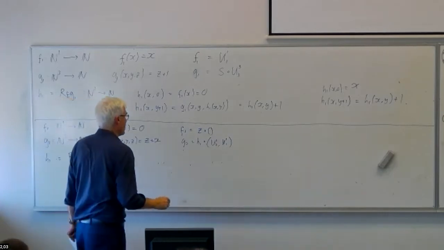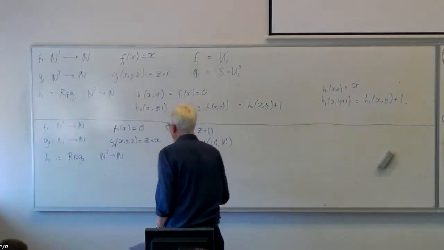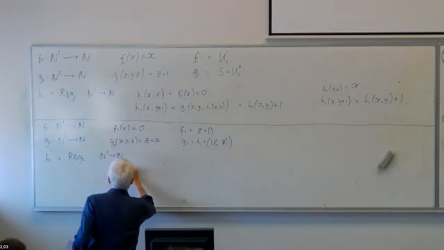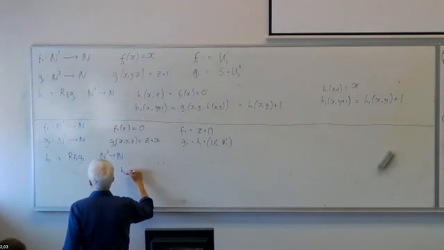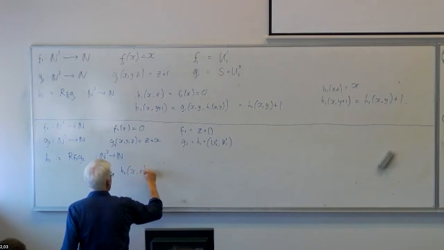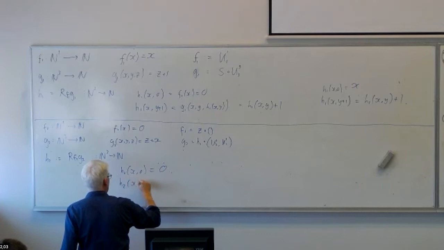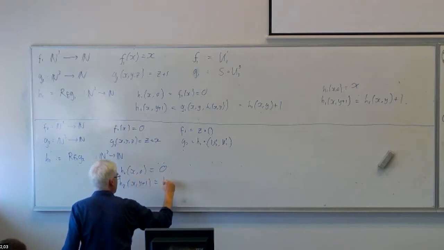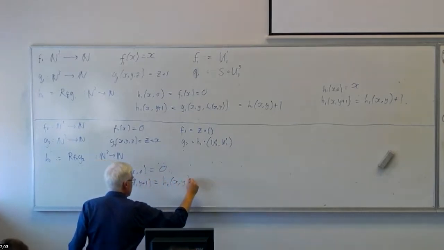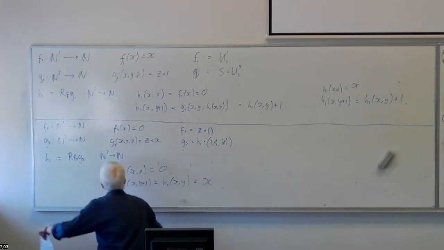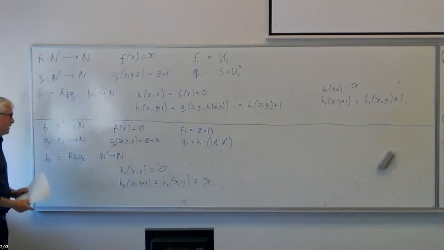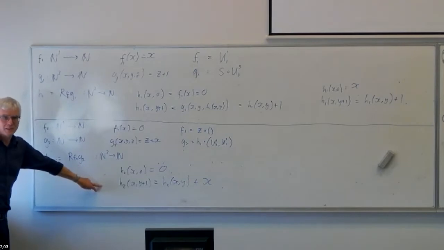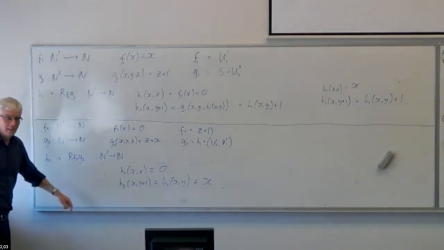And this one now satisfies, I won't go through all the intermediate things, but it now satisfies H2 of x at 0 equals 0, and H2 of x, y plus 1 equals H2 of x, y plus x. And hopefully you can see that the unique function satisfying this is multiplication.